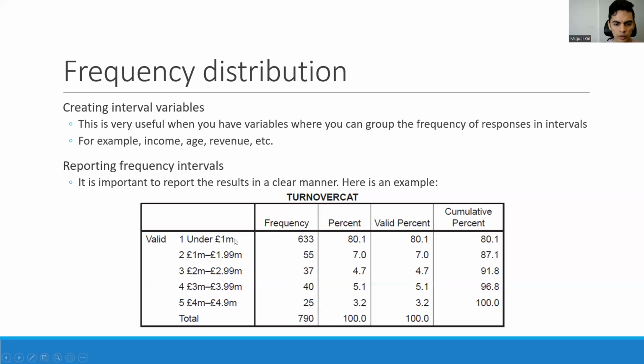Like you are showing that 80% of the companies have less than 1 million, but why 1 million, right? Maybe you're asking yourself, why 1 million? And why don't I group everything until 2 millions and then I show that it's 87%? Well, you can do it however you want. You just have to justify it well. And the best way to justify an interval or a group creation is if you base your intervals on previous research.